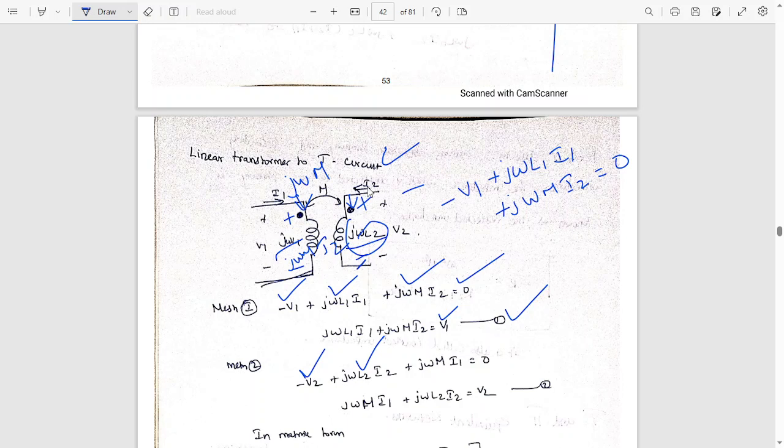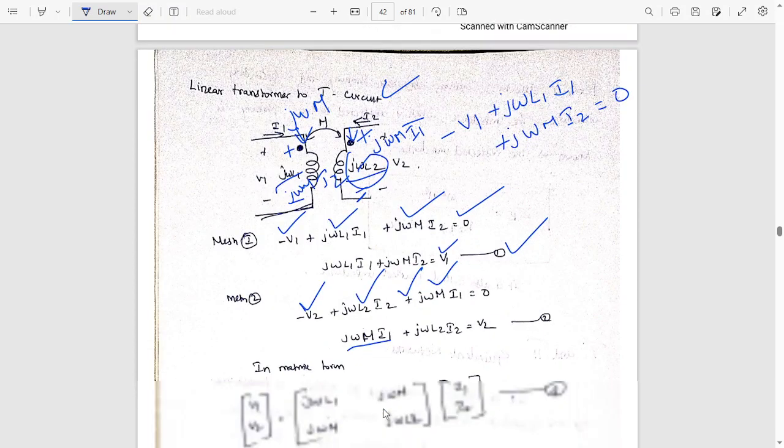So if I see the current I2 is entering positive and leaving negative. And what is the voltage appearing here? j omega M multiplied by I1. Okay, it is based on the current I1. And it obeys the passive sign convention, so we will get plus j omega M I1 equal to 0. If I rearrange it, I will be getting the equation like this: j omega M I1 plus j omega L2 I2 equal to V2.